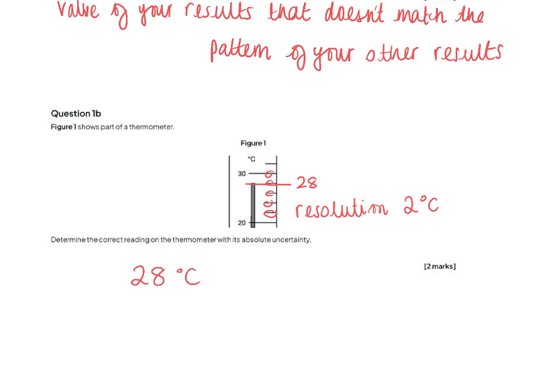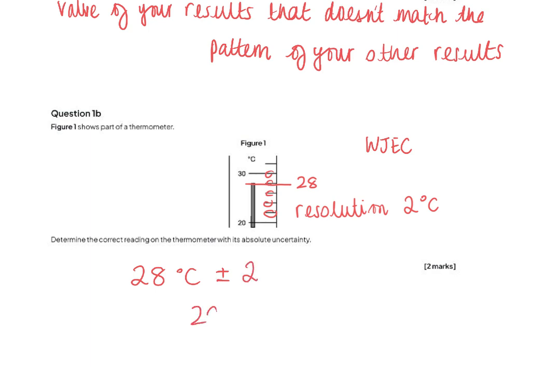Then we've got to state its absolute uncertainty. So if you were to go on to Save My Exams, you will see that they claim the absolute uncertainty is plus or minus 1 degree C. However, that is for the AQA exam board. We are sitting the WJEC exam board. And in our notes, it states that to work out the absolute uncertainty of something like this, when we're just taking one measurement, we do plus or minus the resolution, which would be 2.